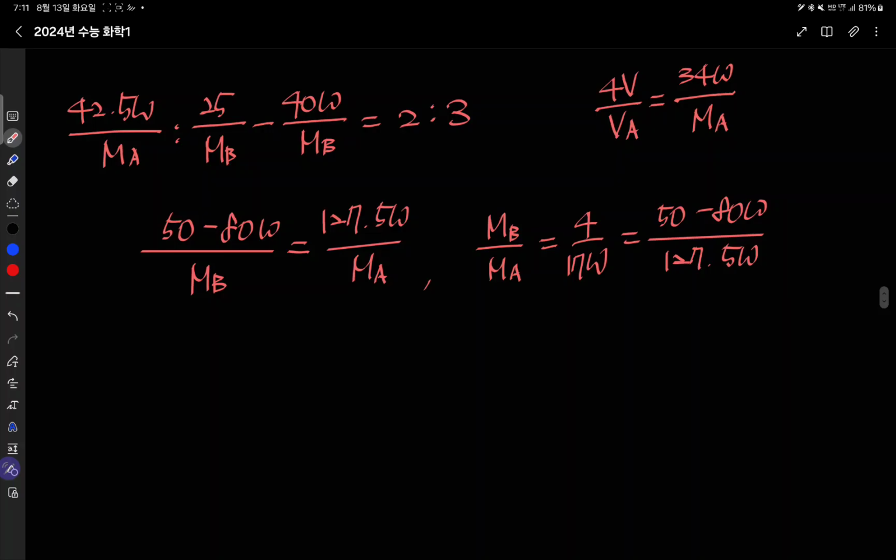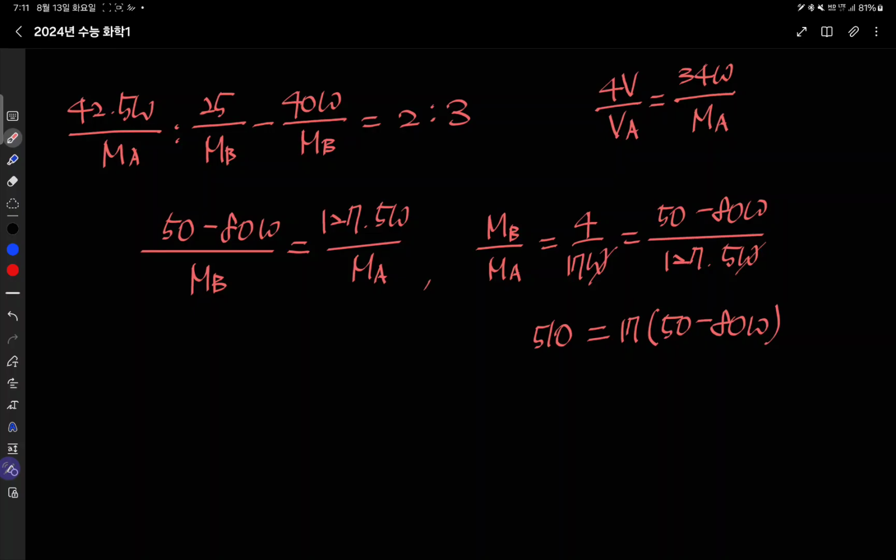So if we make the cross product, 510W is equal to 17 times (50 minus 80W). So we can cancel W in the denominator. So 510 equal to 17 times 50 minus 80W.